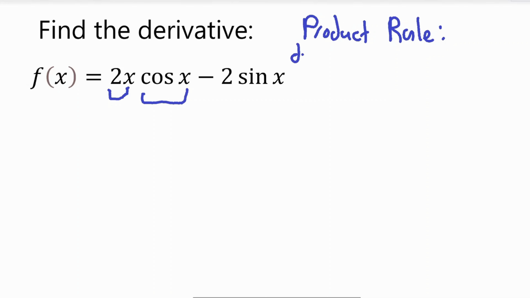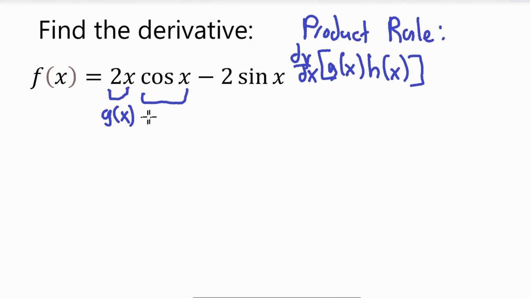Finding the derivative, dy dx means derivative, of two functions multiplied. In this case I'm going to use g of x times h of x. This 2x would be g of x, and this cosine x would be h of x. It doesn't really matter what you call it. I'm just naming it for example.